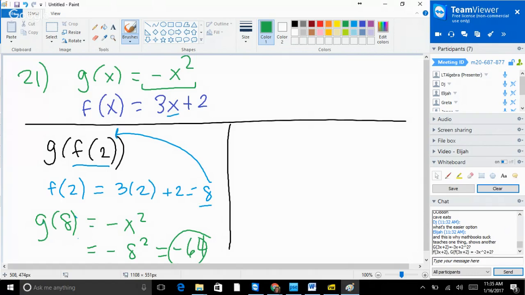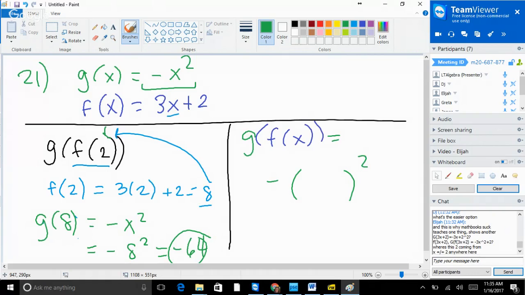Okay, that's option 1. Option 2 is to kind of ignore the fact that you have the 2 in there until the end and do what we just did in the last few examples. So you could just figure out what g of f of x is. g is negative x squared, and f of x is 3x plus 2.